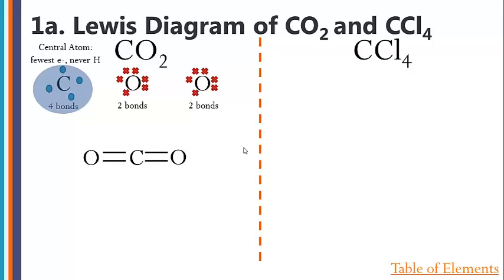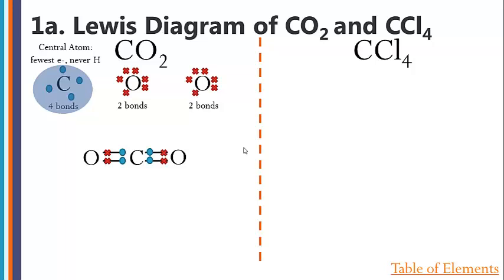Now if we check carbon, carbon has 4 bonds drawn, which is what we said we should get. These double bonds are going to be a total of 4 electrons in each. Half of those 4 are going to come from carbon, and the other half will come from oxygen, and same thing on the other side.